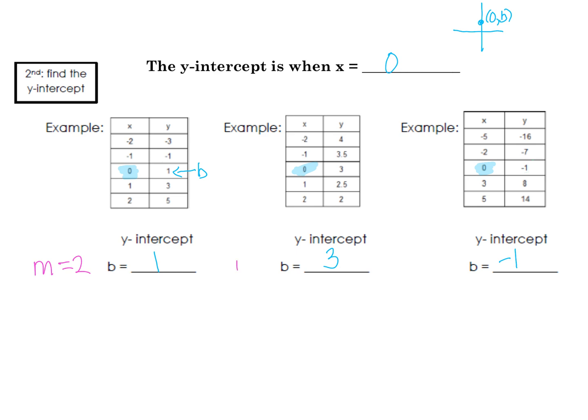The slope for this one was -1/2. And the slope of this one was 3. And so now if we go ahead and write our equation, the equation for this first example would be y equals 2x plus 1. And this one would be y equals -1/2x plus 3. And this one here would be y equals 3x minus 1.